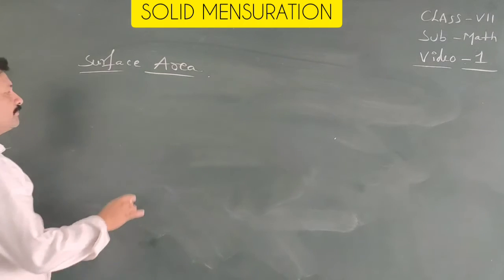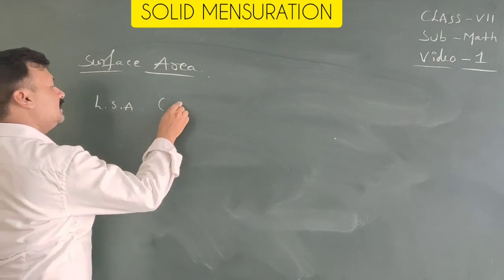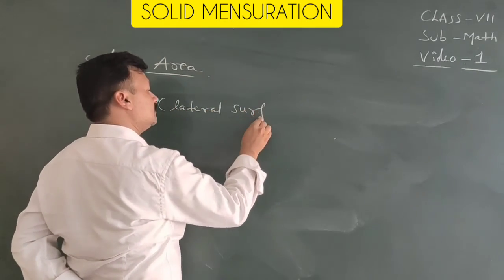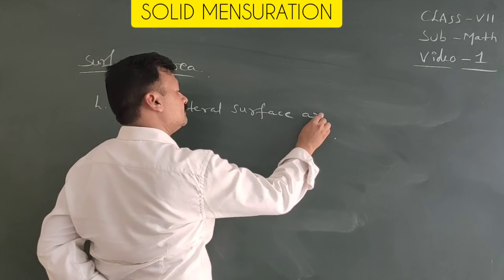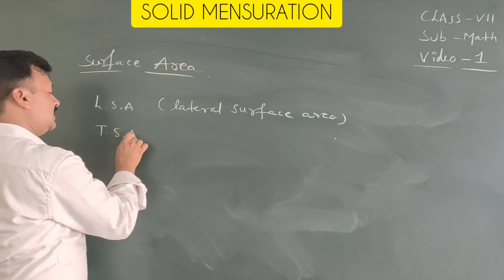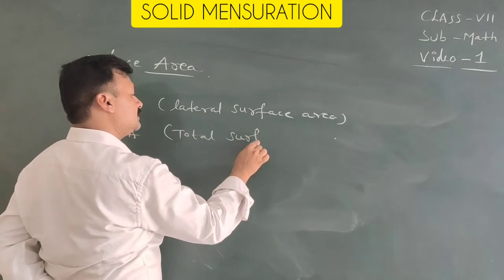The first one, lateral surface area, LSA. Then total surface area, TSA.